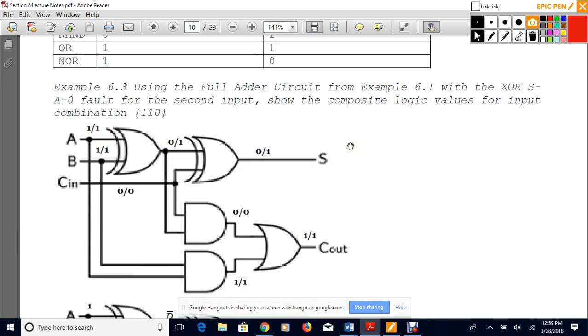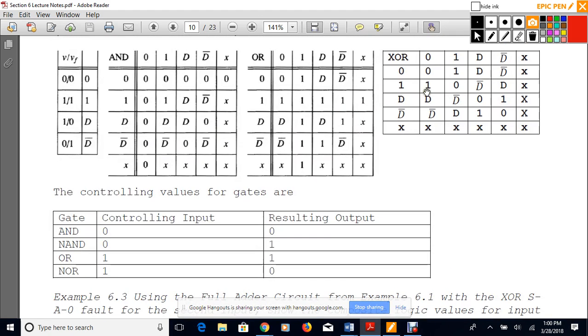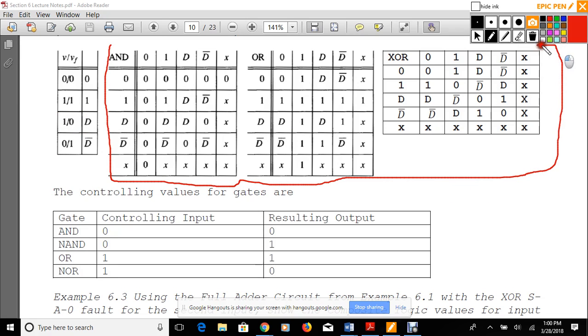And what I would like to do is start here. If you recall, we have these concepts of D and D bar. D is when we expect a 1 and get a 0, and D bar is when we expect a 0 and get a 1. Then we came up with all of the truth tables for AND, OR, and XOR.